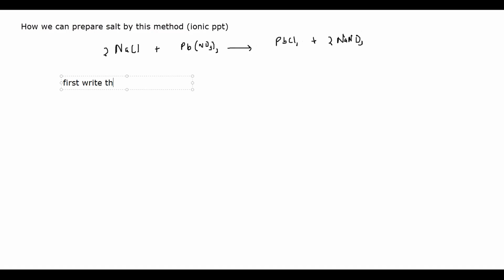So first what you will do, first write the balanced symbolic equation to identify the ratio between the reactants.